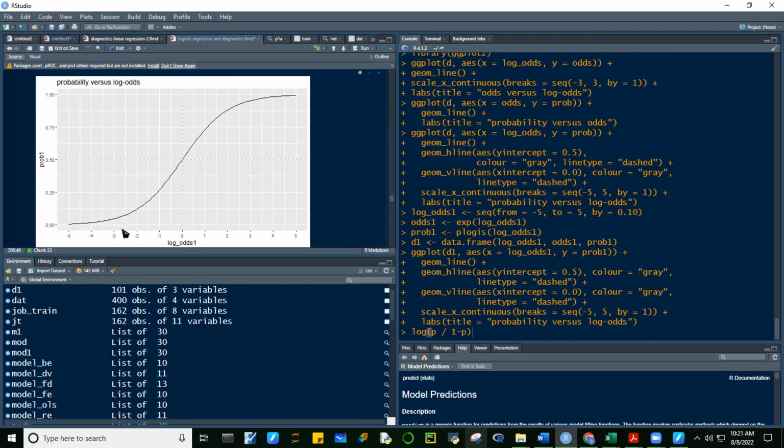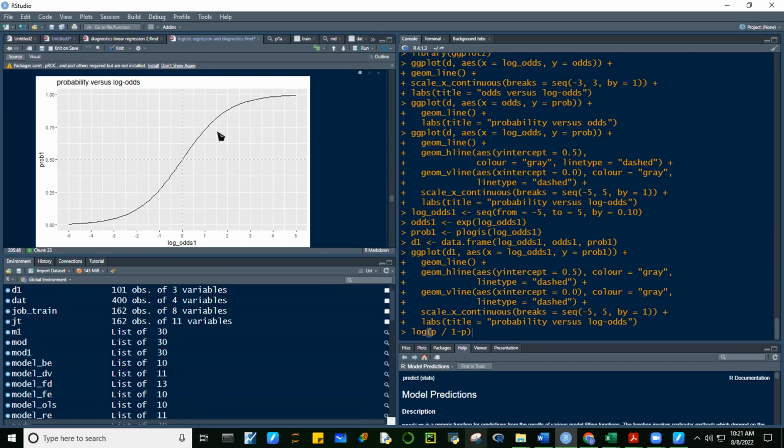Kasi ang ibibigay sa atin yung mga values ng log odds. Ito, di ba, ito yung mga values ng log odds natin. So from -5 to this one. Ito naman from 0 up to +5. So we cannot use the LM function kasi ang ibibigay sa atin na answer will be mga decimal places eh.